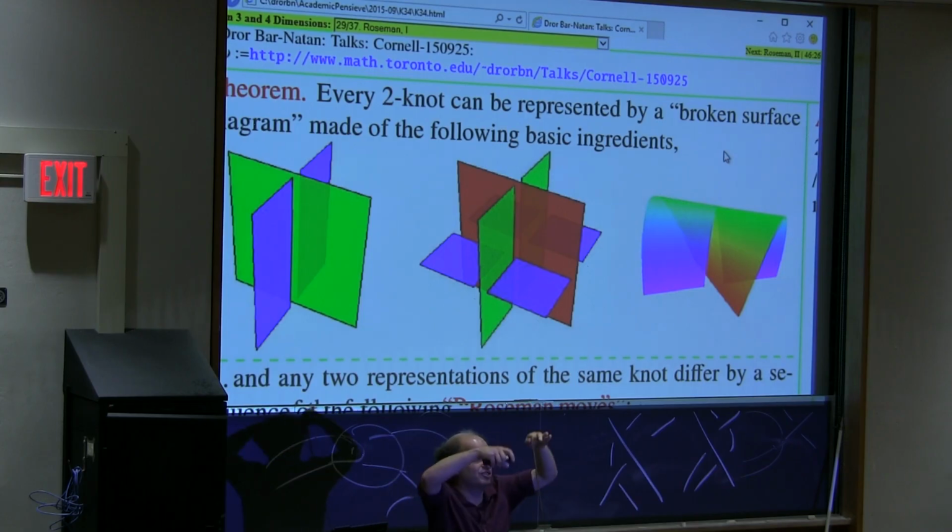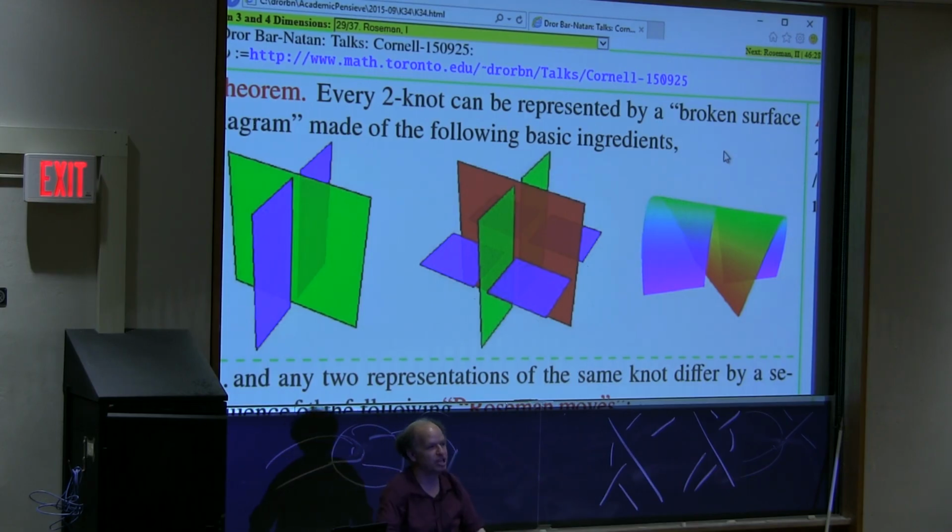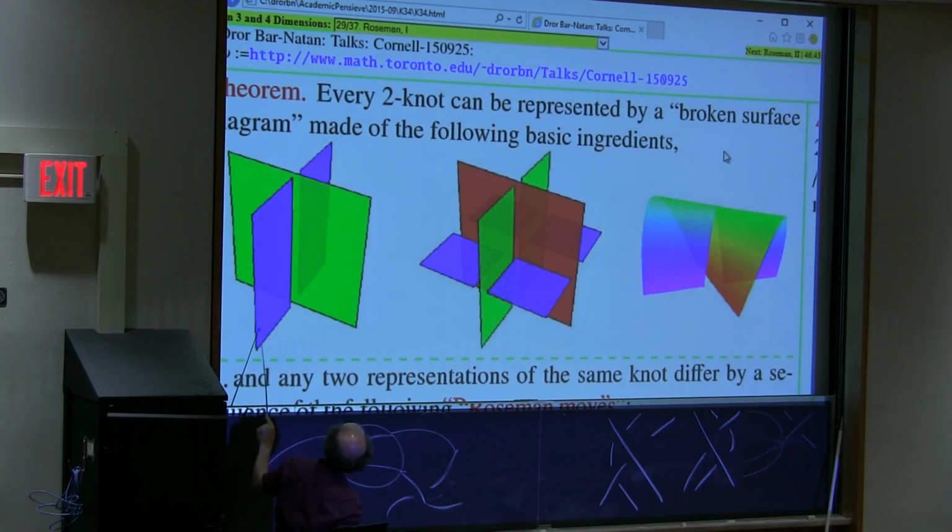So basically, if you have a surface in 4 dimensions and you project it to 3 dimensions, the only type of self-intersections that you can see in 3 dimensions are, well, 2 planes crossing each other, at least locally, and then one is above the other.